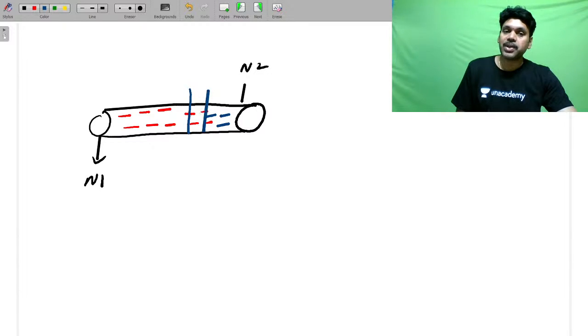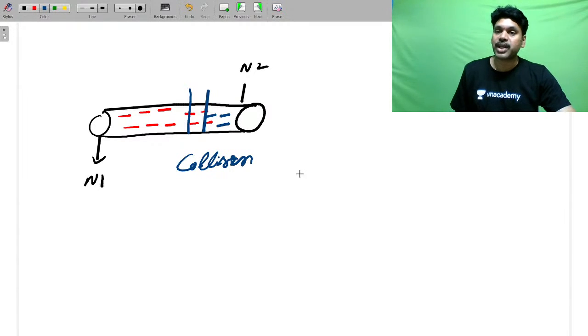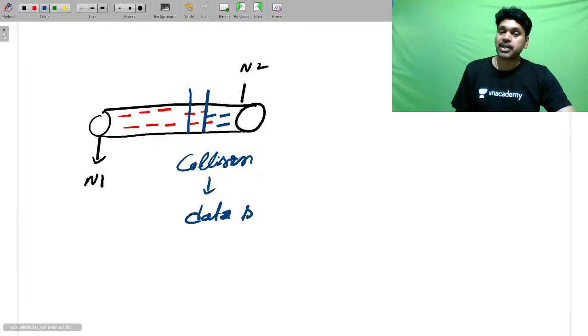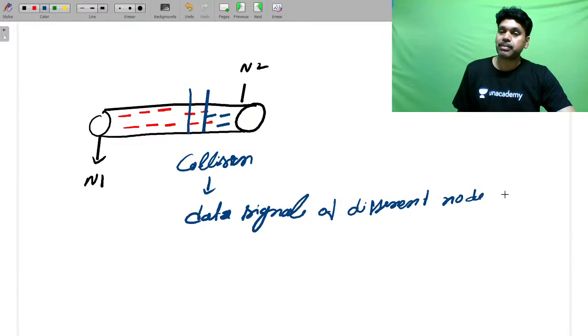Somewhere they are going to collide. What is a collision? Data signals of different nodes meet at a point. That meeting at a point, the contention slot, is known as collision.